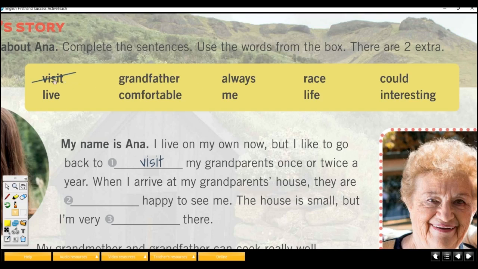Okay, visit is 방문, grandfather, 할아버지, always 항상, race is like when you run with somebody, like a marathon처럼.